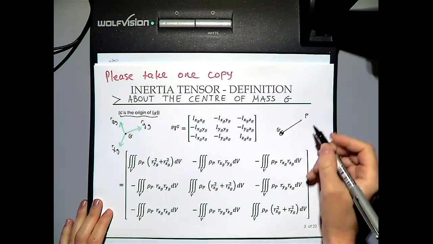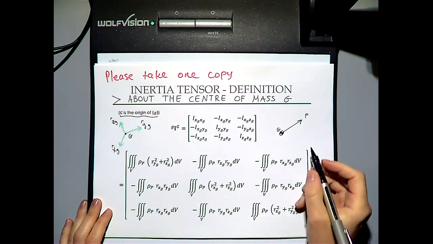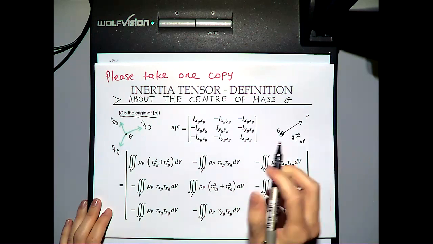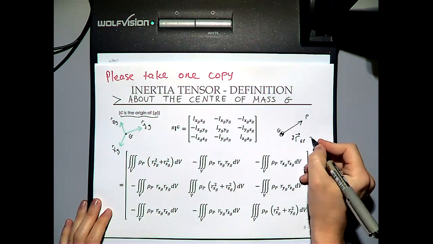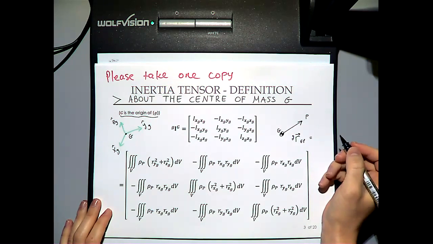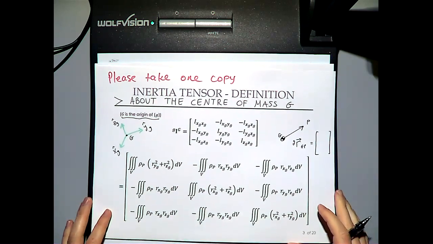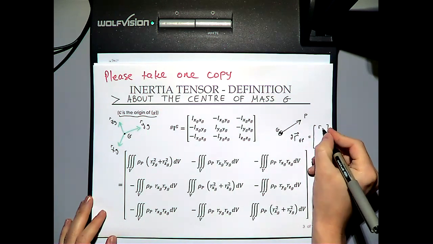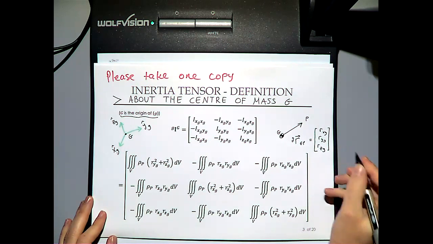And this vector GP, RGP in frame G, that is along the green axis. Remember what it is? This is the coordinates RxG, RyG, RzG.